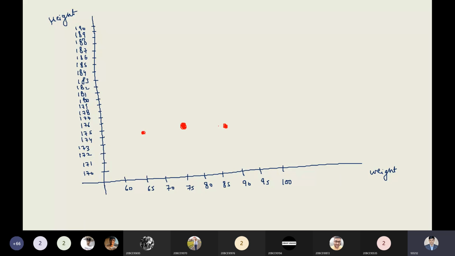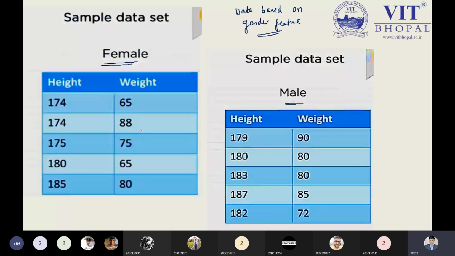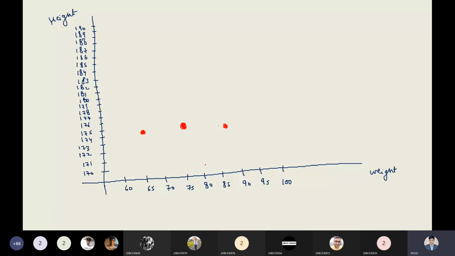Next we have 65 and 180, something like this. And next we have 80 and 185, something like this.